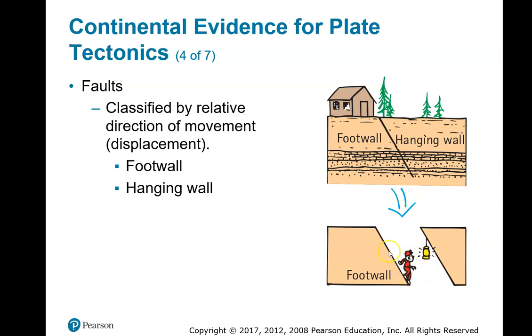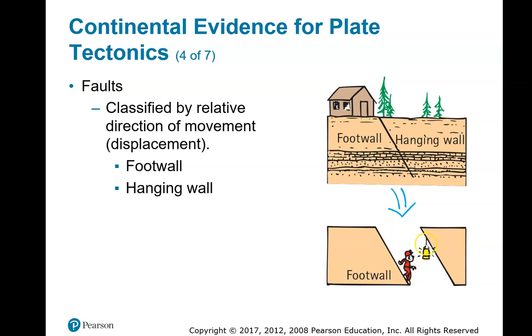If you could stand on one side of it, even if it's greatly inclined, that's called the footwall. And if you could hang a lamp on the other side, that's called the hanging wall. So the hanging wall is inclined like this, and the footwall is inclined like that, because you could stand on it.